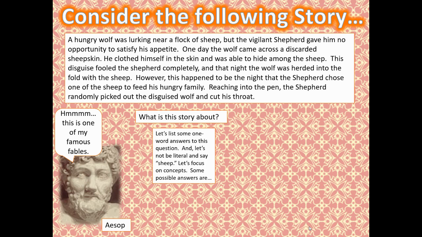So take a few moments to list some one word subjects of the story. These are called subjects of the story. So hunger would be one of them that I would think about.